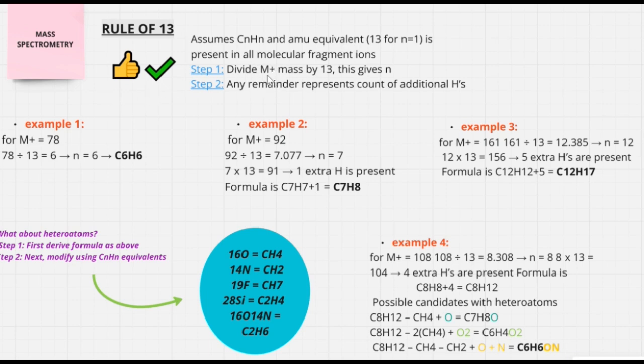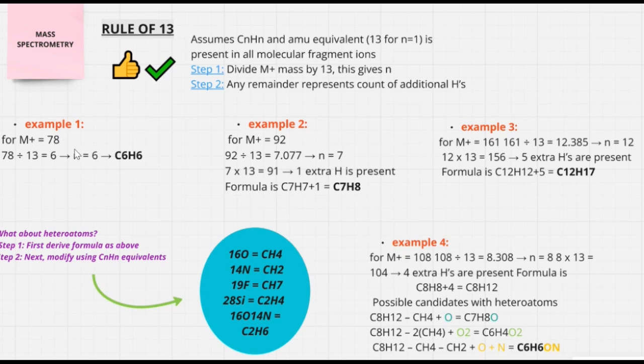We get 7.077, so we'll round it to 7. As we get a fraction or decimal form, in order to be on the safe side, we multiply the rounded n value 7 by 13. First we divided, but we didn't get a whole number, so we multiply by 13 and get 91.